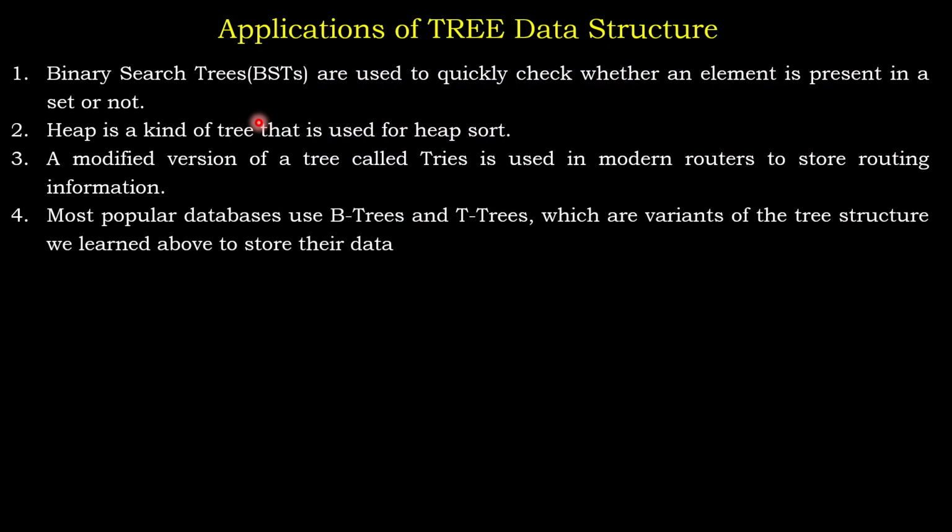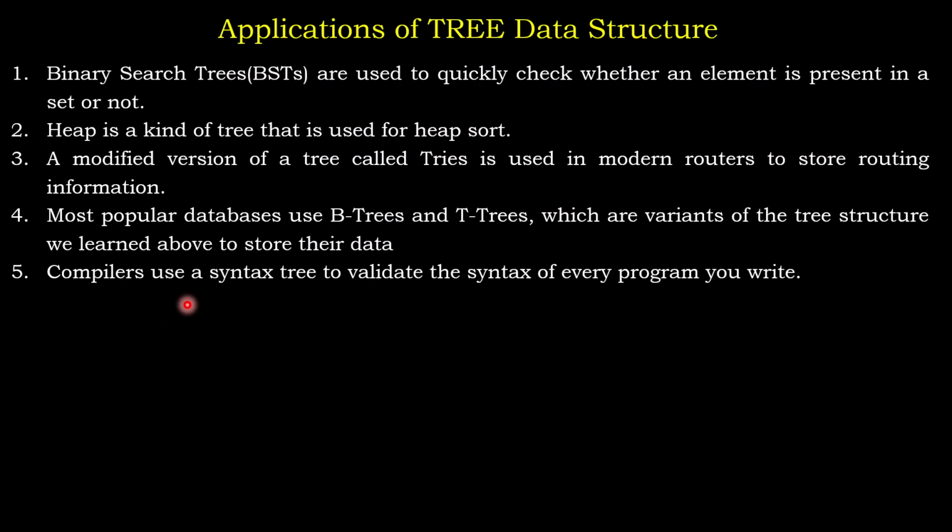Applications like heap kinds of trees help to sort the data, so that is a use of trees. And the most popular databases use B trees and B+ trees, and AVL. So trees can be used in these areas.